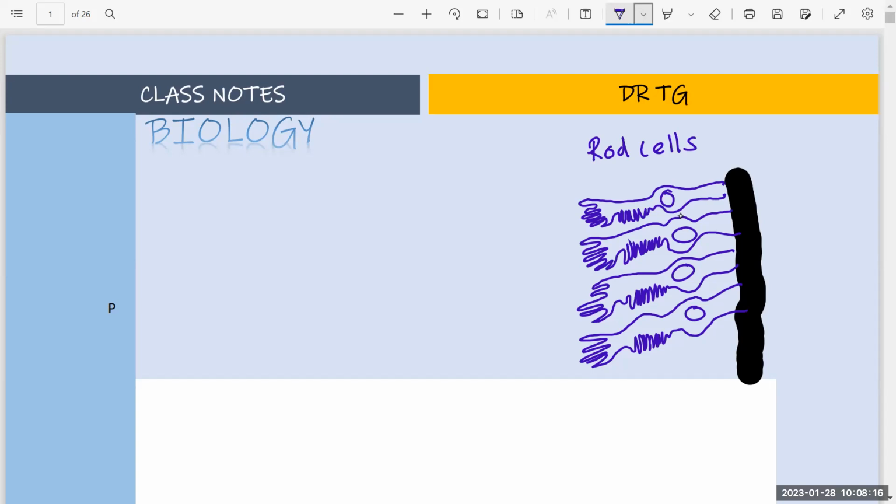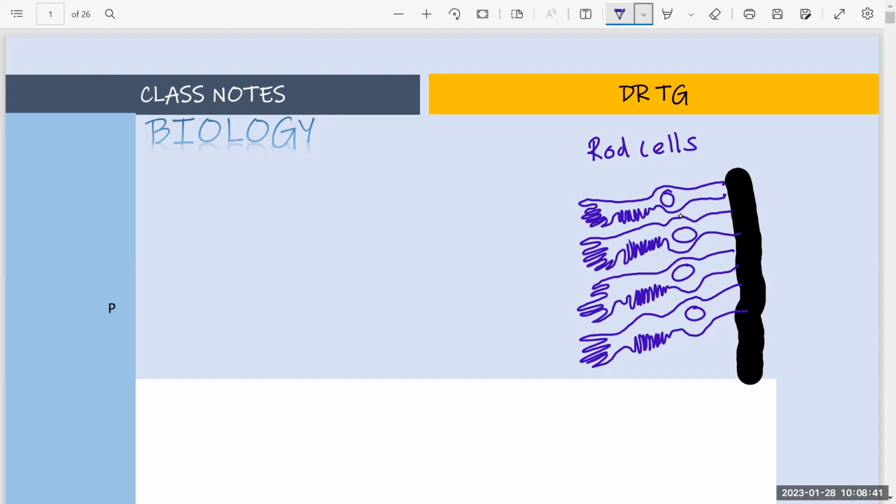Now in front of rod cell, there is another cell layer, and this cell layer is called, they are specialized neurons.